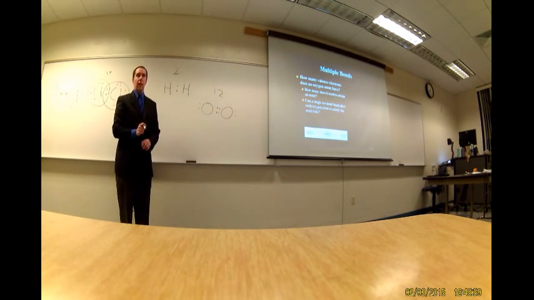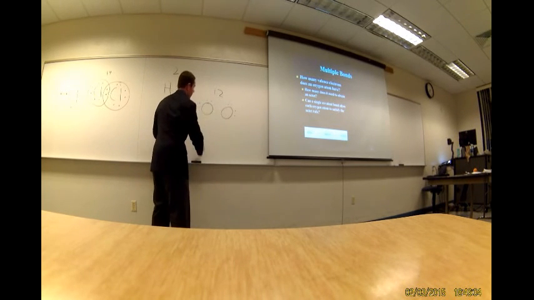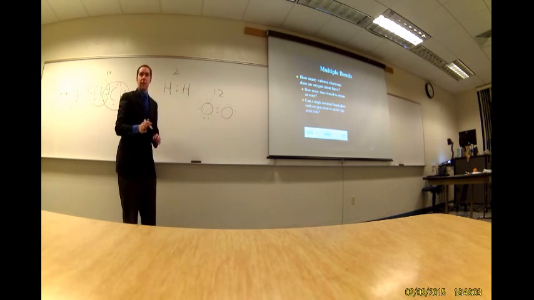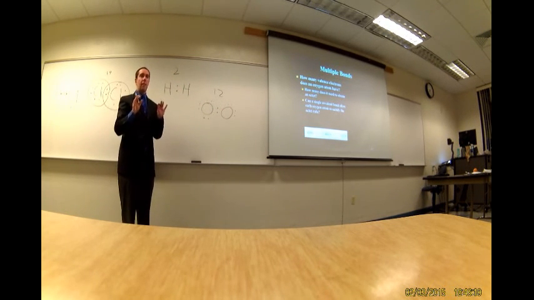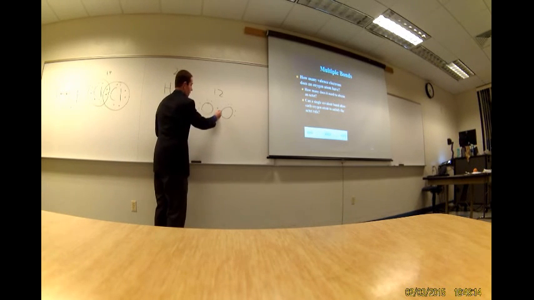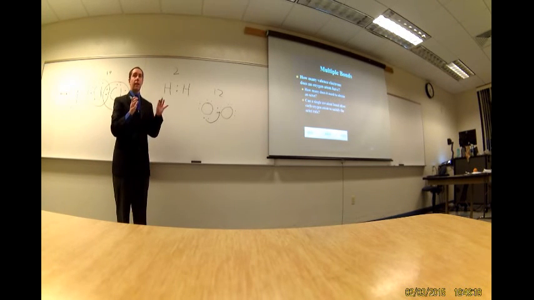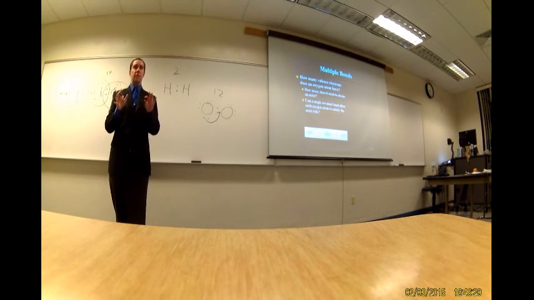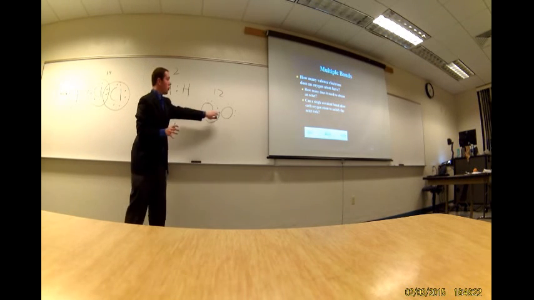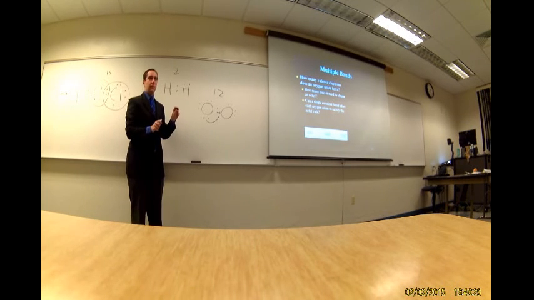The way I would do this, if I was writing a structure, is I would draw it just like we did, end up with that, and stop and ask, is this happy? I would say no, what can I do? Move those over here. I wouldn't look at that and immediately say I need a double bond. I would draw it out, see that it was wrong, and then figure out what I can move to make it right.